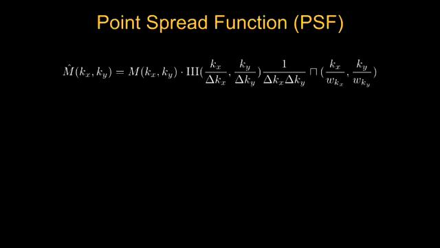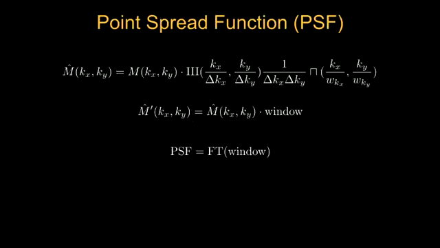As I said, you have this M hat KX KY, and then multiply by the windowing function. The windowing function will give you the behavior or the trade-off. To understand the trade-off, an easy way is looking at the point spread function. This is your acquired K-space data.